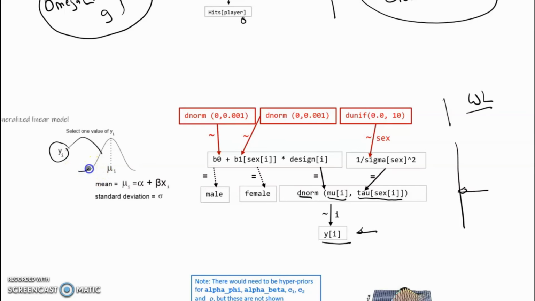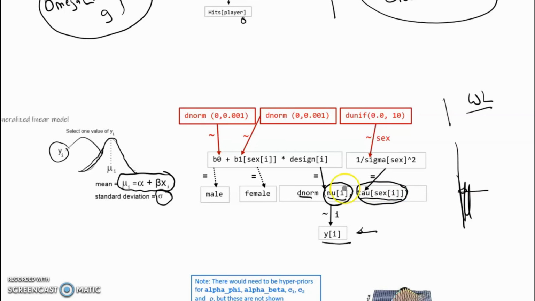We're going to assume that individual observations arise from a normal distribution with some sort of a mean, some sort of an expected value, and some sort of a parameter indicating variability. So there's the expected value, and there's the parameter that captures variability.